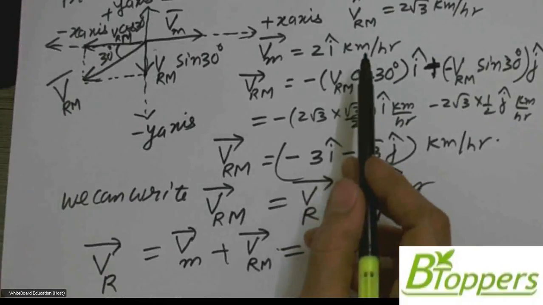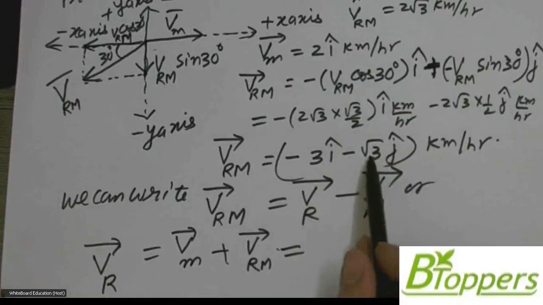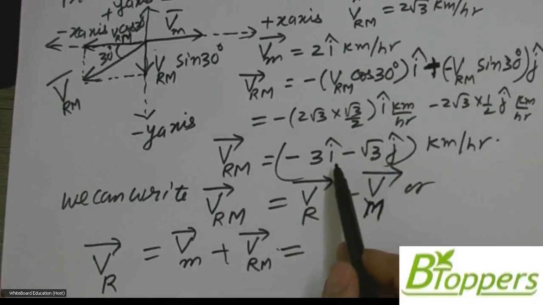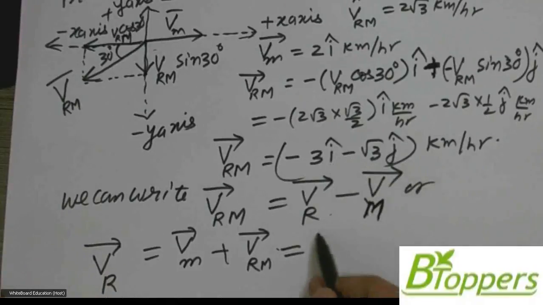So the velocity of the man you can substitute as 2 i cap km/h. The relative velocity of the rain with respect to the man you can substitute as minus 3 i cap minus √3 j cap km/h.